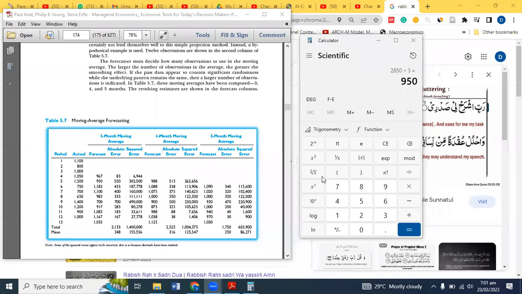The actual value is 1050 minus 967, which is equal to 83, right? Here you can see the value 83 is here, right? If you square the 83, you will get 6944.